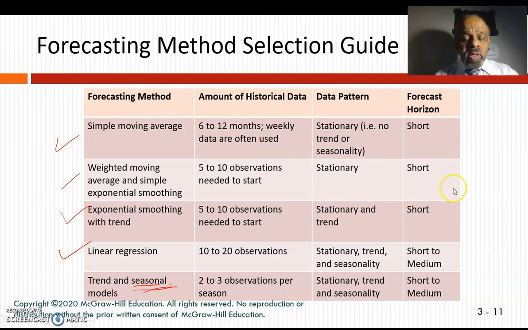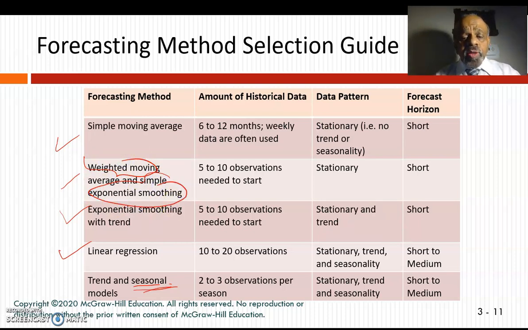The next one is if we have some kind of observations, again, for stationary, that means no trend or seasonality, and then maybe a little better than simple moving average kind of an accuracy, then you can choose the weighted or the simple exponential smoothing.